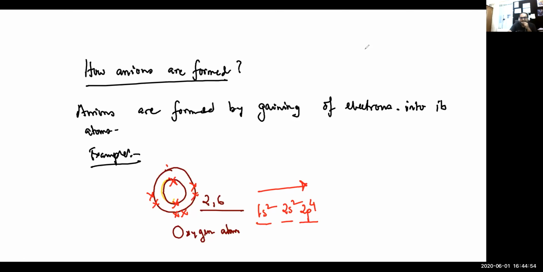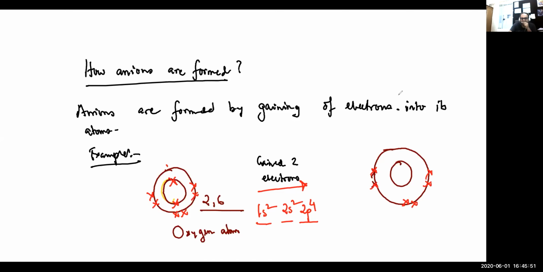So after they have gained 2 electrons, it now has a complete outer shell. Previously it had 6 electrons in the last shell, 1, 2, 3, 4, 5, 6.